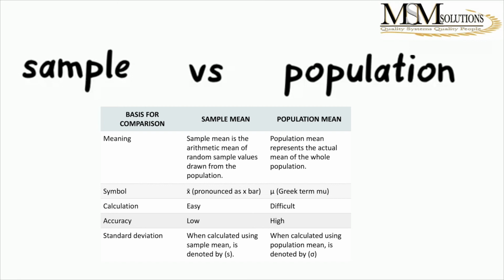Sometimes people might use these symbols interchangeably, but ideally the X with the bar is the sample mean, while the Greek letter mu is the population mean. With standard deviation, s is usually the sample standard deviation, while the Greek letter sigma is the population standard deviation.